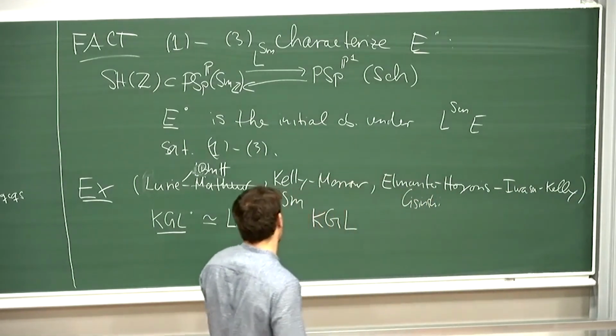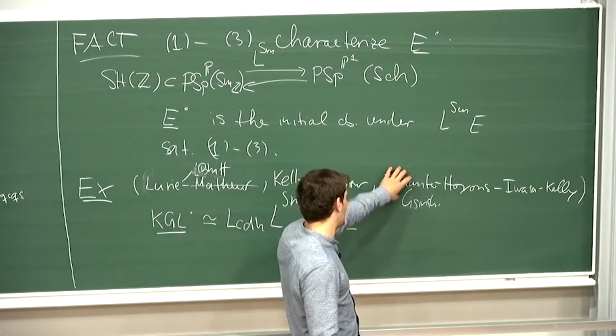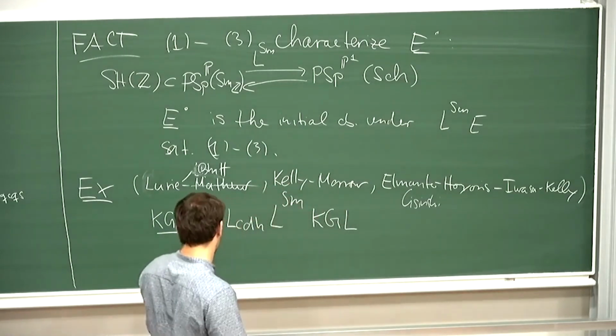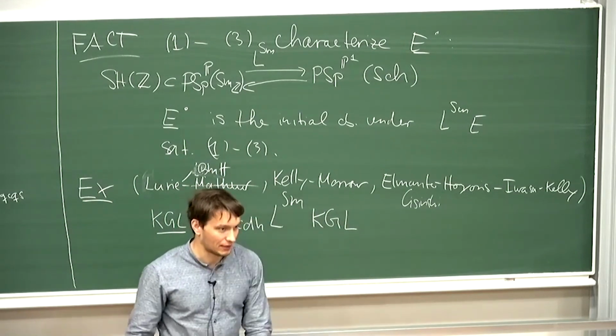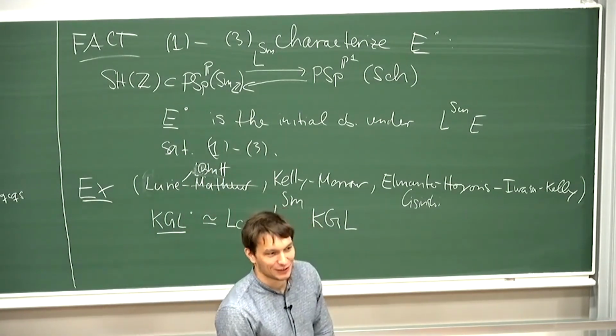I don't know. So the thing is that these guys proved that the cdh topology was hypercomplete in this relevant setting. And okay, if you believe all of these things, you get out this fact. And Mark is looking very skeptical, which is scary, but I was told this is a fact.